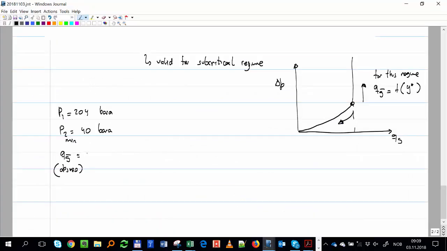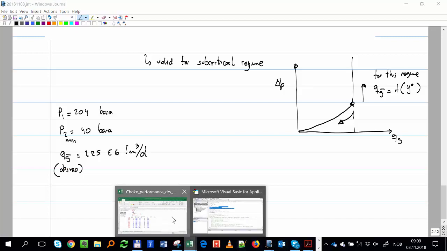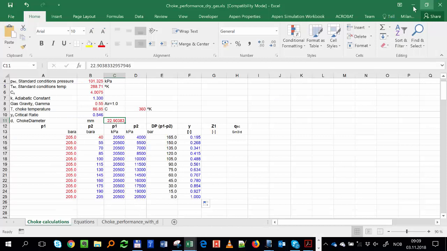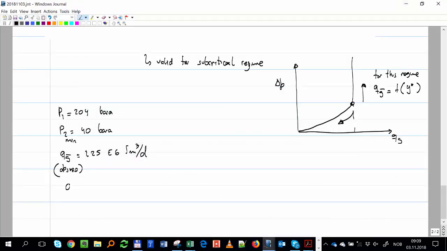And the choke that we propose, someone proposed off the shelf, is a diameter of 22 millimeters, 22.3 millimeters.